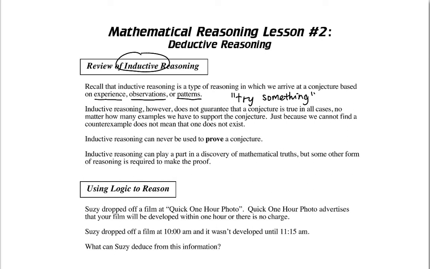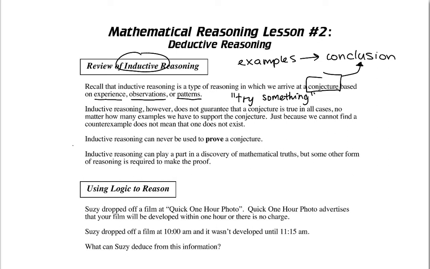Basically, use examples to come up with some sort of conjecture. So examples lead you to some sort of conclusion about the examples. If you see this word conjecture, it's just some sort of conclusion, some sort of idea based on your examples.